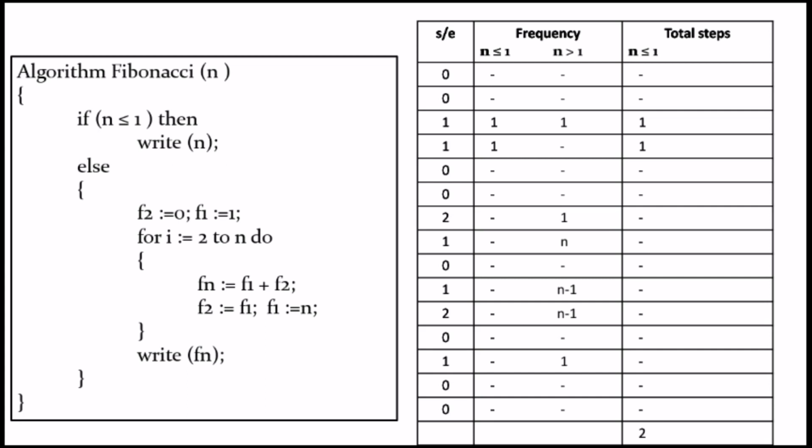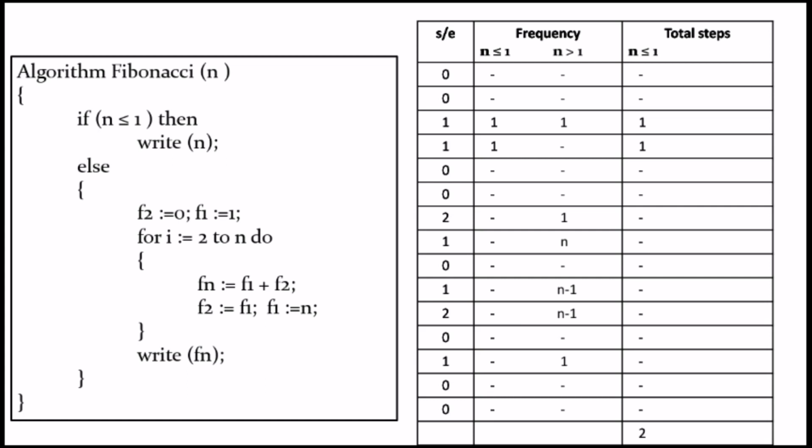This loop will be repeated starting from i equal to 2 till n. That will be n minus 1, and then for the false condition there will be one repetition. So the total will be n times this for loop will be executed. So the frequency will be n. Next, for the opening floor bracket, frequency will remain 0. Next, fn equal to f1 plus f2.